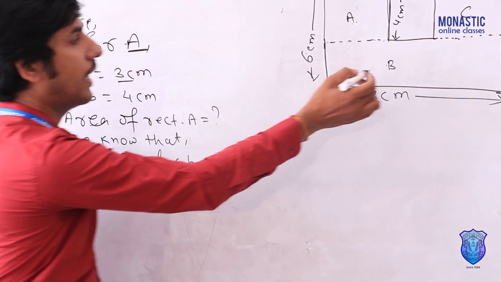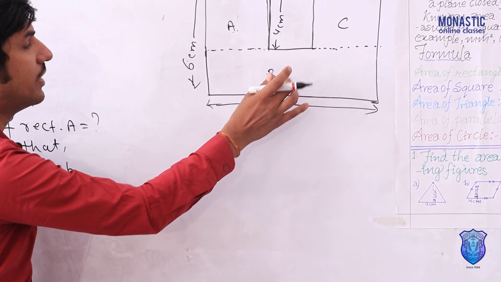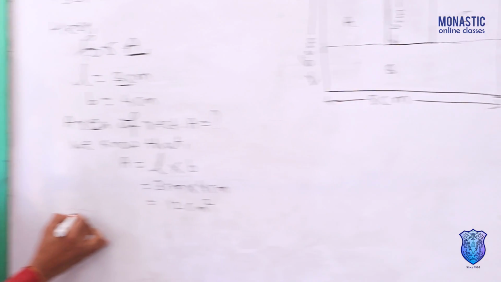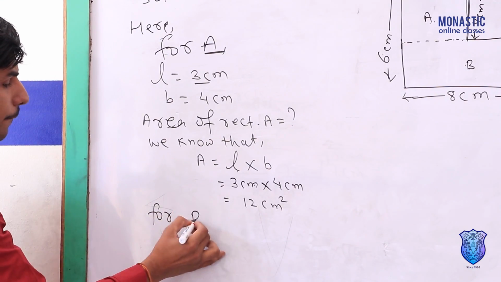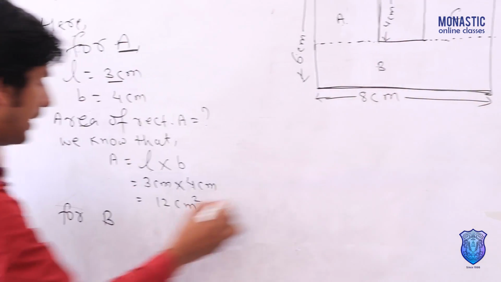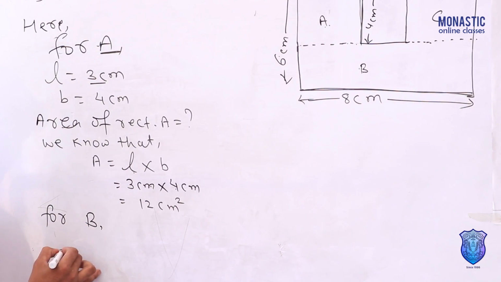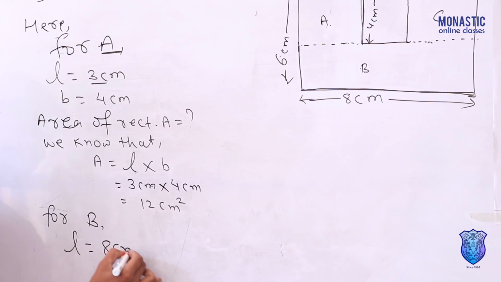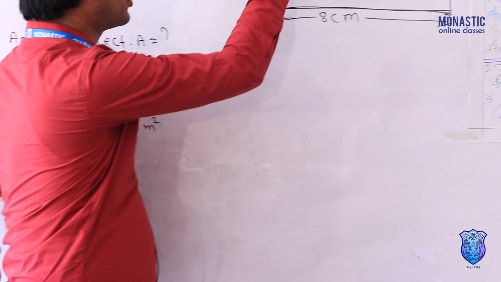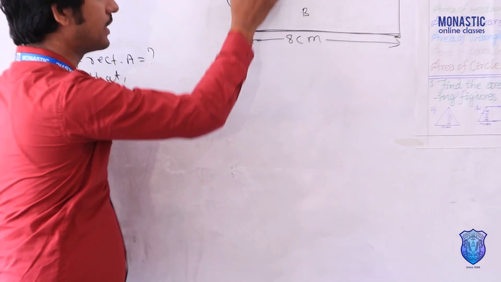Similarly, now find the area of this rectangle B. Now take B. The length of B is a total of 8 cm. Now the question comes, the breadth. But see, the total part is 6 cm.